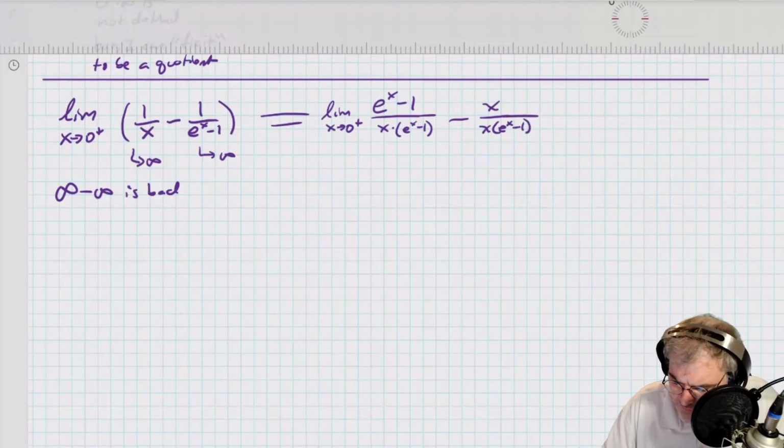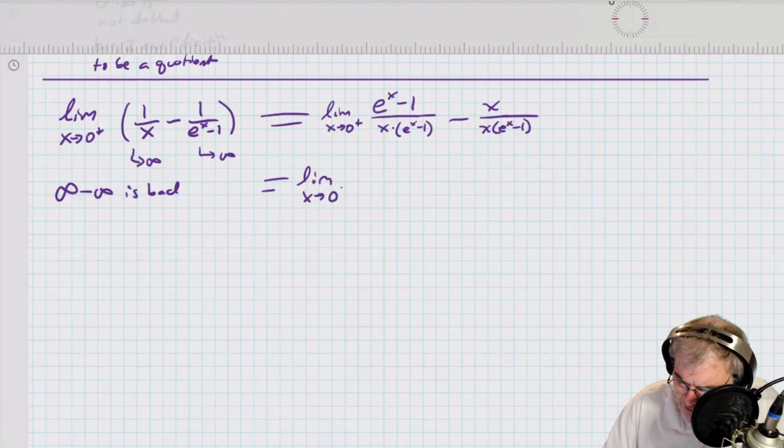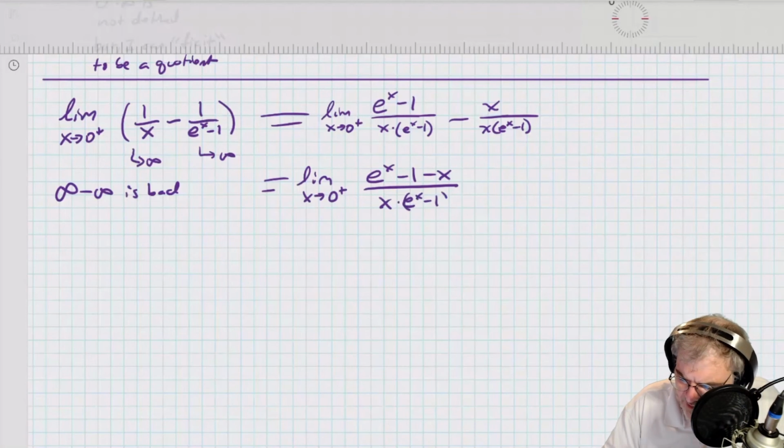A little bit of algebra, which is going to equal the limit as x goes to 0 plus of e to the x minus 1 minus x over x times e to the x minus 1. Okay? How do we feel about that 1 to 5?